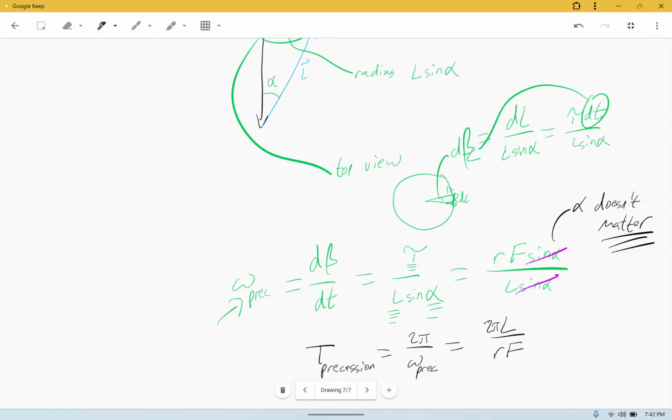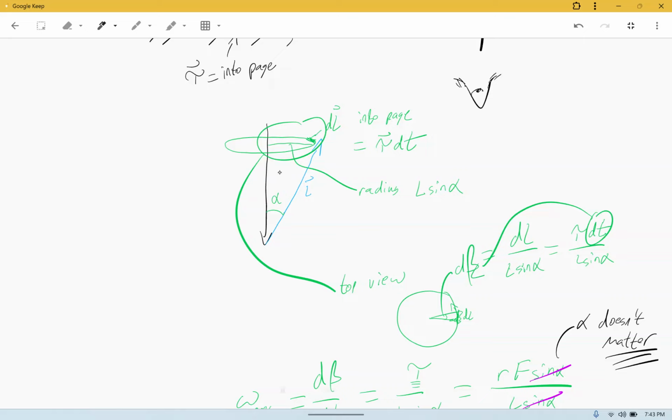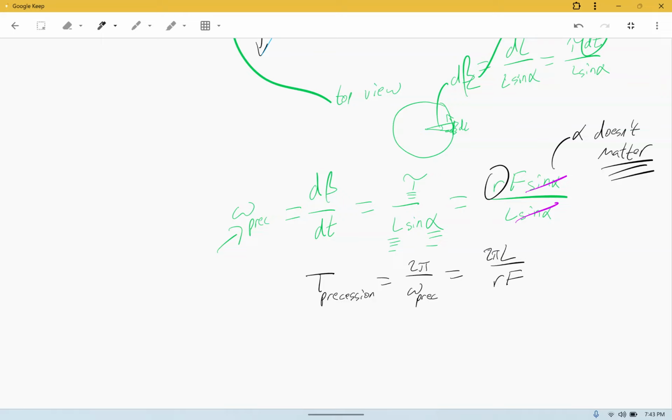It doesn't matter how far off you are, like how far you've tilted the top before you let it go. If it's experiencing the same gravity, so the F is the same, and its physical length to its center of mass, which is R, is the same, then it turns out that alpha doesn't matter. So they will all precess the same amount of time, which is really, really interesting.